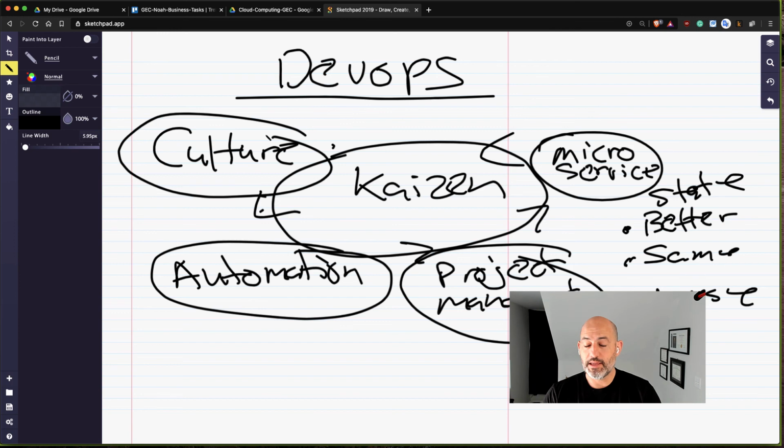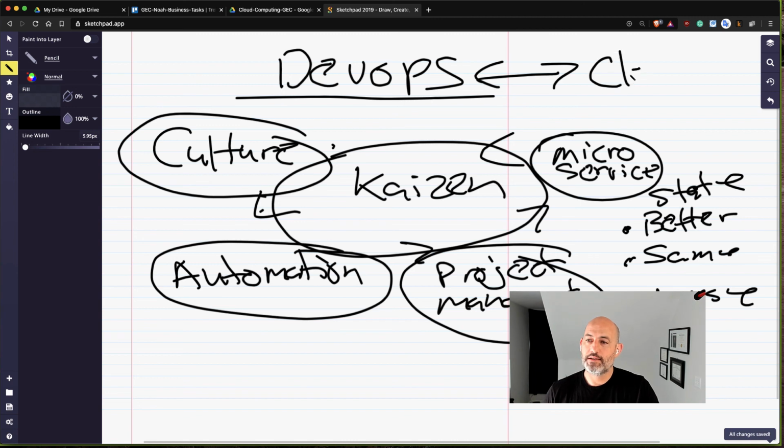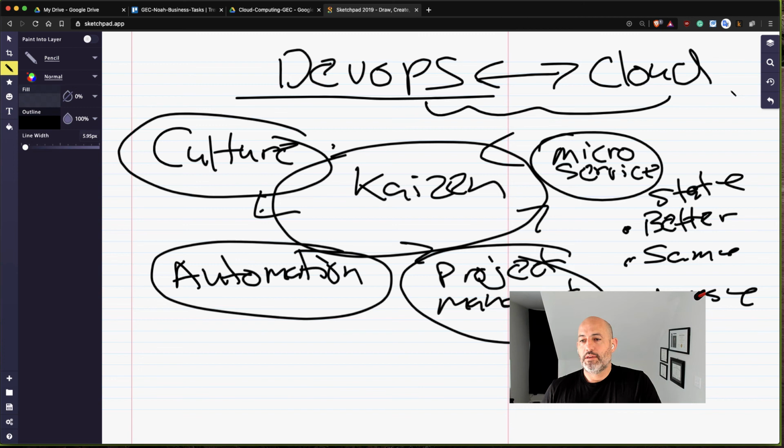So again, the DevOps mindset and cloud computing are very tied together, and in fact, it's hard to separate the two, because some of these components are only available in a cloud-based environment. In theory, you could do some of this without the cloud, but it's this feedback loop that the cloud has enabled.